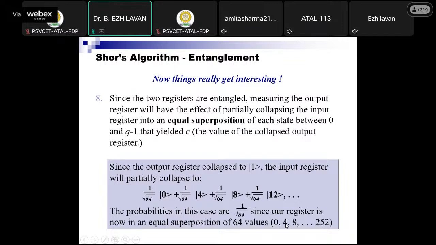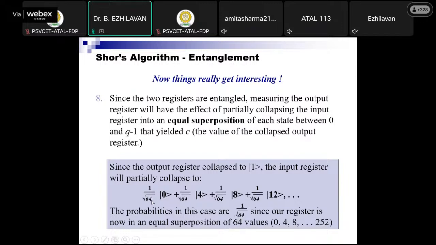So 0, 4, 8 like that, it will go till 252. We will get a superposition of 64 values like this: 0, 4, 8. Why we use 1 by square root of 64: because we get a superposition of 64 values.